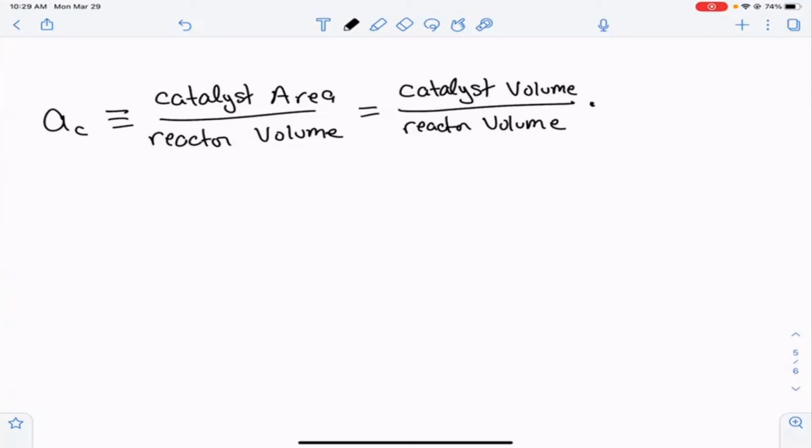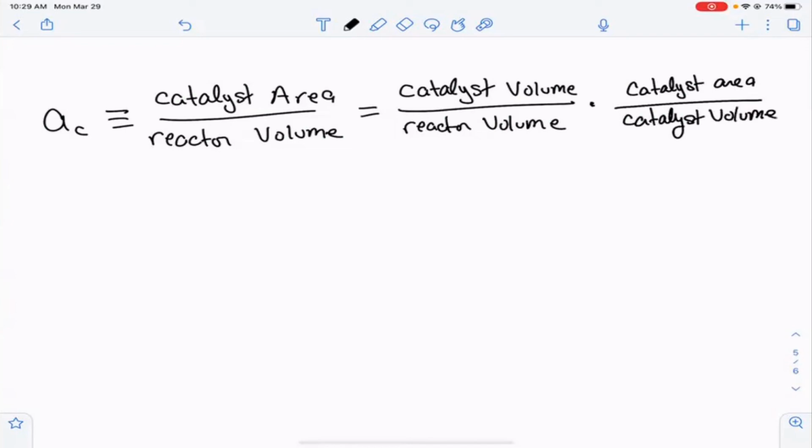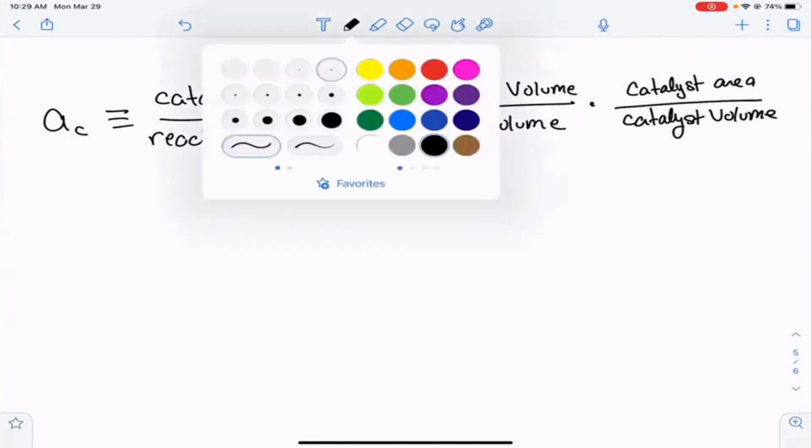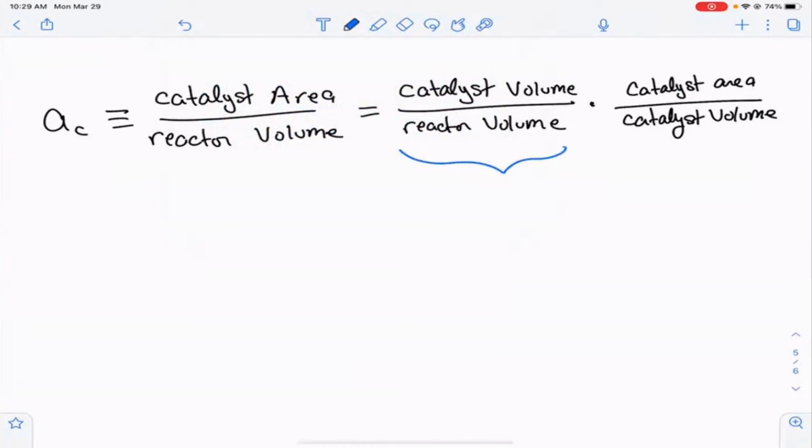But the other side to that is that we need properties of the catalyst itself. And to do that, and to get to catalyst area over reactor volume, I need some quantity that is the catalyst area divided by the catalyst volume. And if you look at this, the first term here is related to how we put the catalyst in the reactor. The second term here is somehow related to the catalyst itself. And so if we start to think about these term by term, so this here is really just the fraction of the volume that is occupied by solid particles.